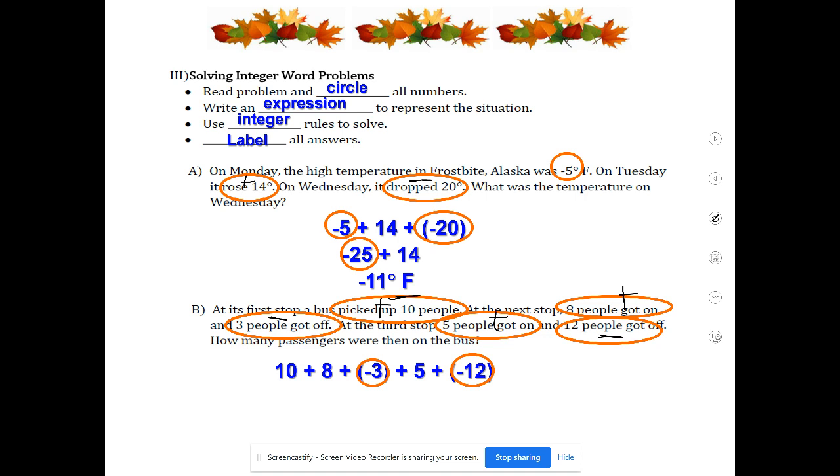Then I have an 8, a 10, and a 5. If I add all those together, I get 23. So now I have 23 plus a negative 15. Those are different signs, so I subtract. 23 minus 15 is 8. There's more positives, so it's positive 8. And my label is that 8 people are on the bus.